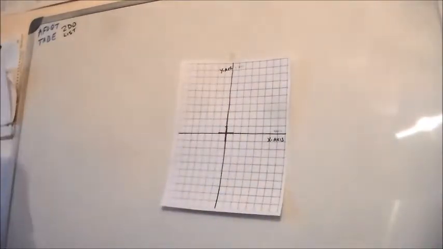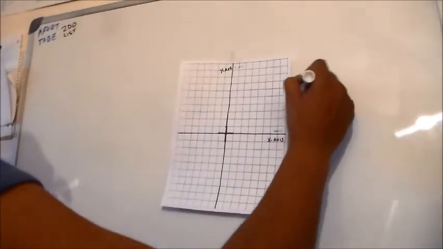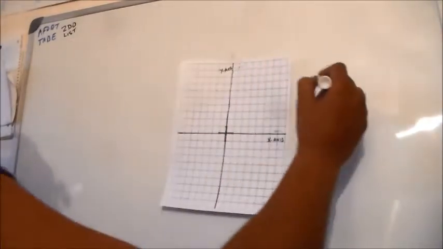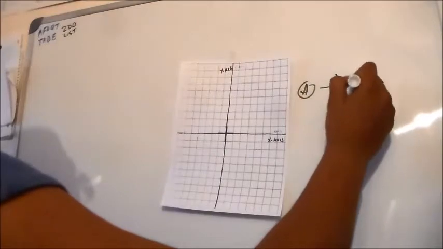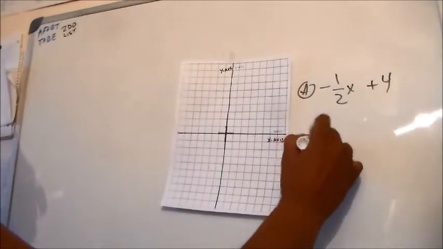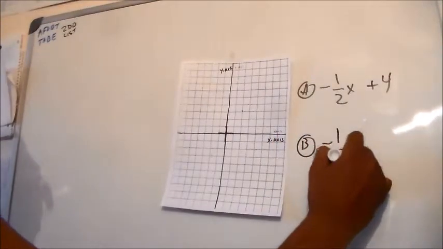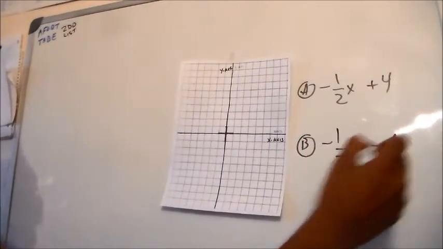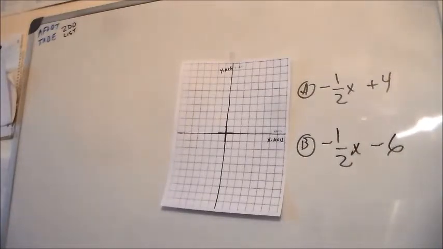Okay. All right. Now, our system, equation A, y equals negative 1/2 x plus 4, B is y equals negative 1/2 x minus 6.